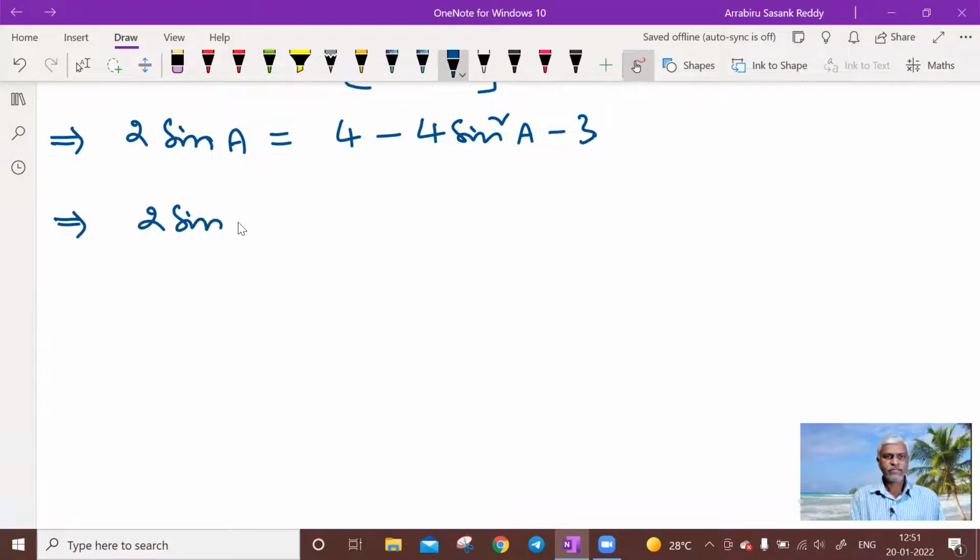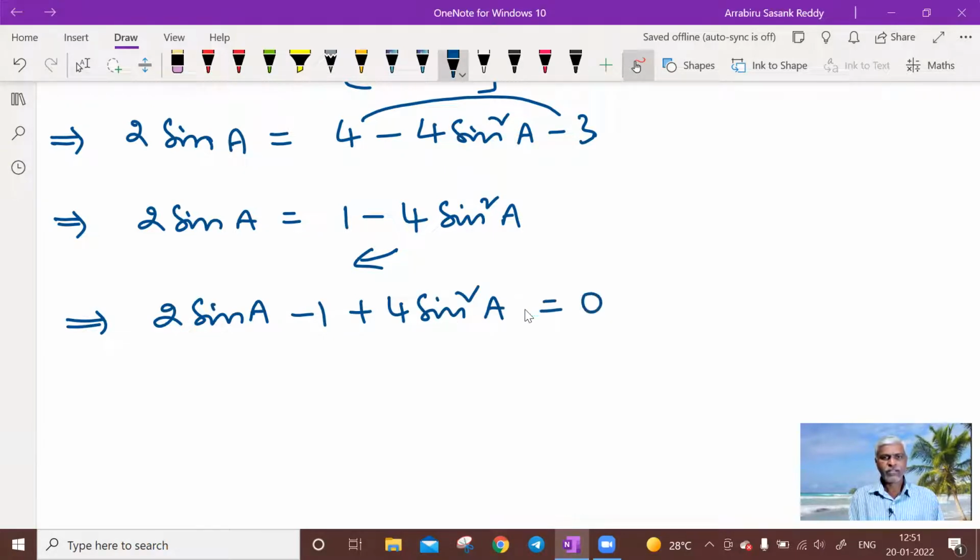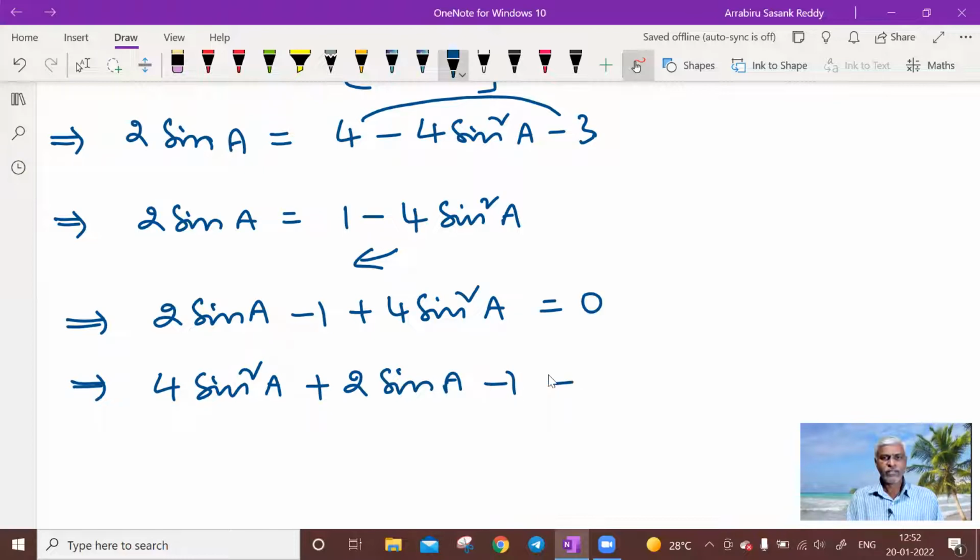2 sin A, 4 minus 3 is 1 minus 4 sin square A. Now bringing all left side, this is 2 sin A minus 1 plus 4 sin square A is equal to 0. First write 4 sin square A, then plus 2 sin A minus 1.